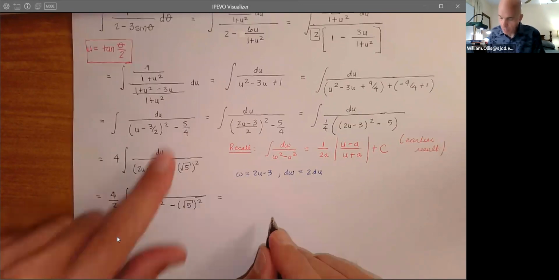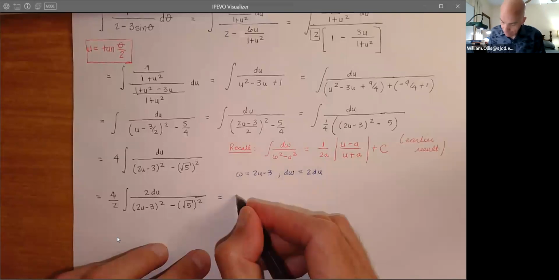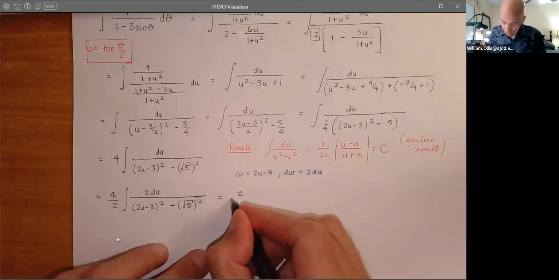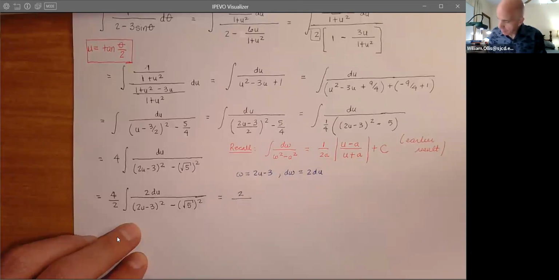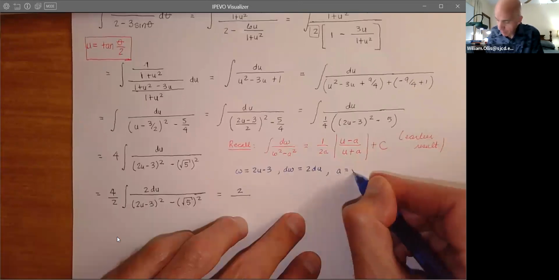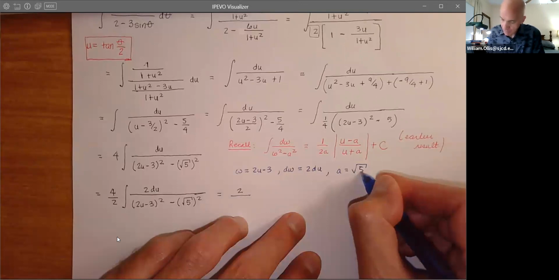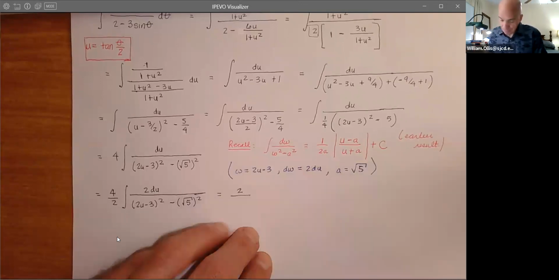This is table ready, so we can go right to here. So we get 2. And let me put this here. The a is square root of 5. So that's all the parameters that we need.